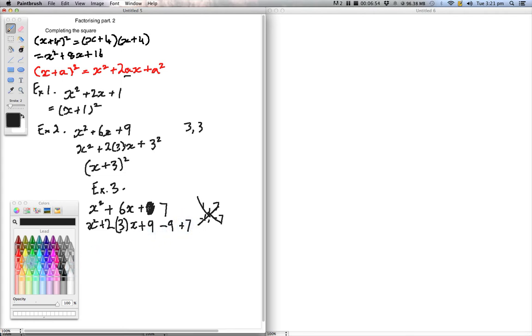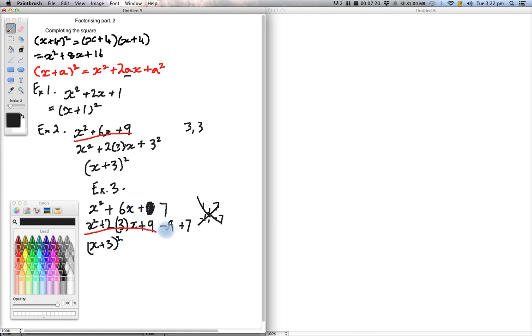So now, I want to draw your attention to the fact that this bit here is the same as our example 2. Just that underlined bit will become x plus 3 squared. It's a perfect square. So we've completed the perfect square by adding this plus 9 term.